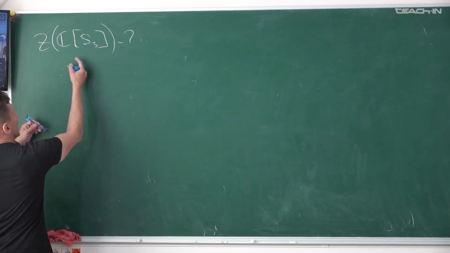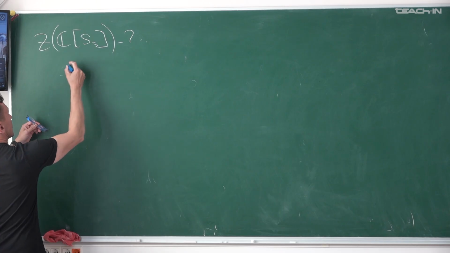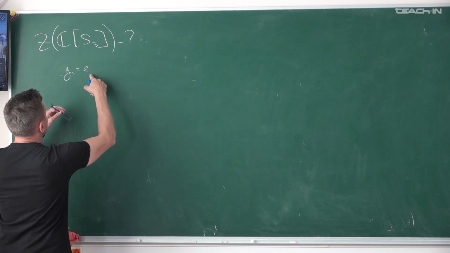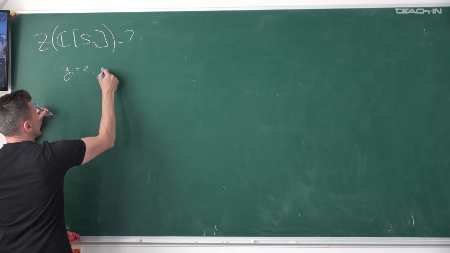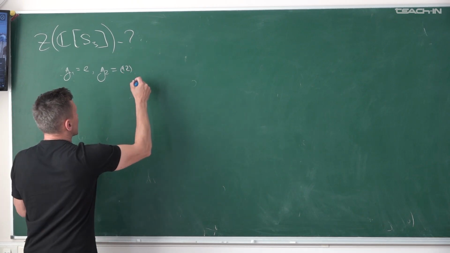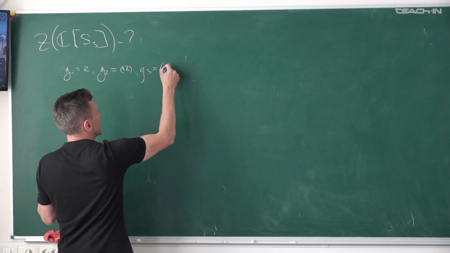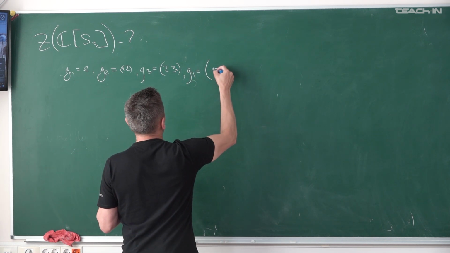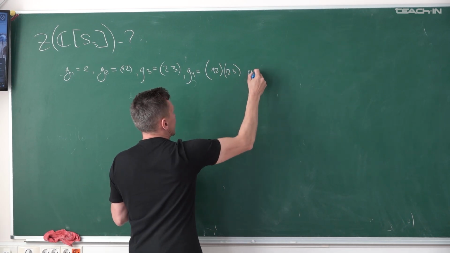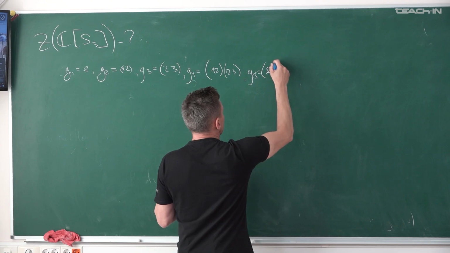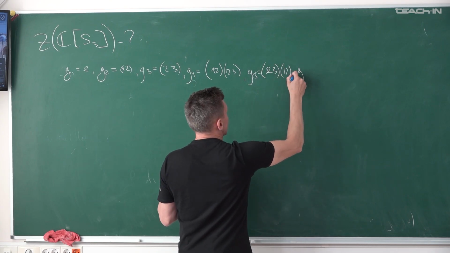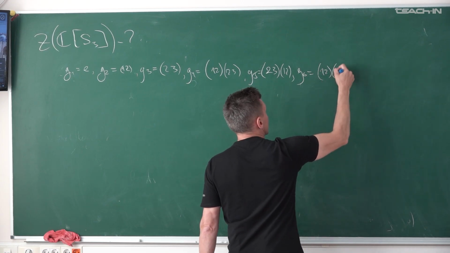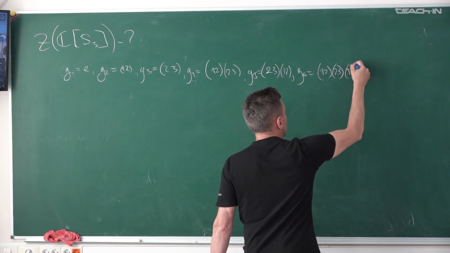The generators of our group are G1, which is just the unity, G2, the transposition (1 2), G3, the transposition (2 3), G4, the cycle (1 2)(2 3), G5, the cycle (2 3)(1 2), and G6, the transposition (1 3), or I prefer to write it in such a form.